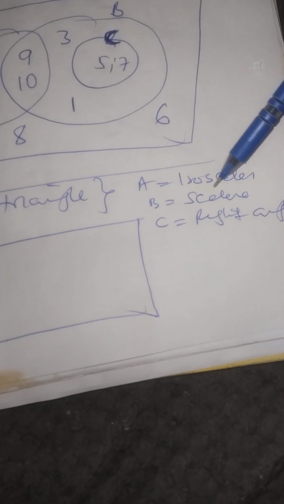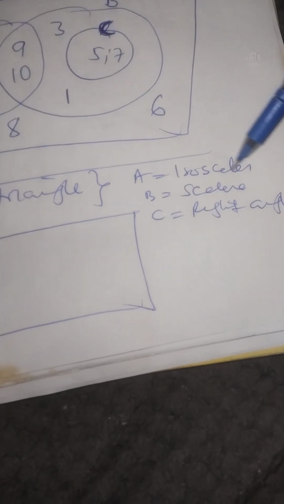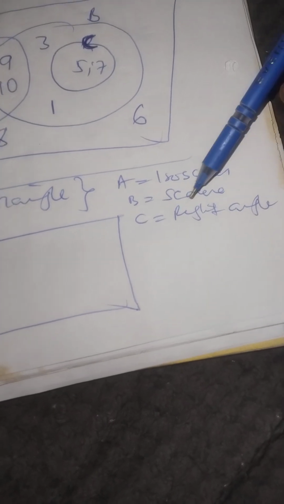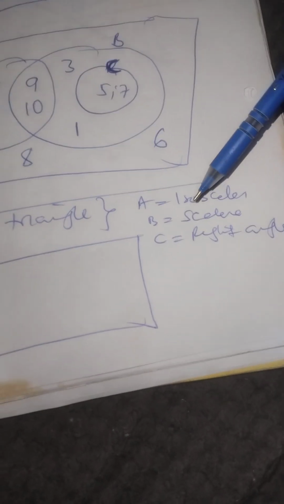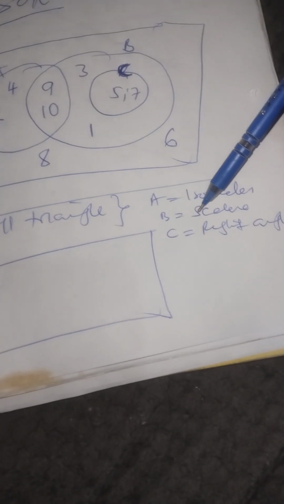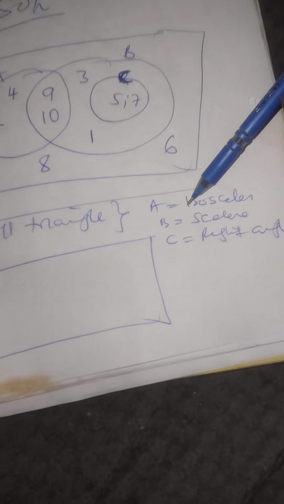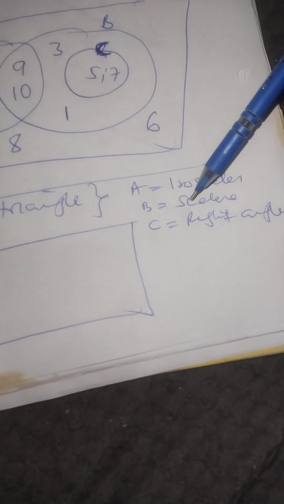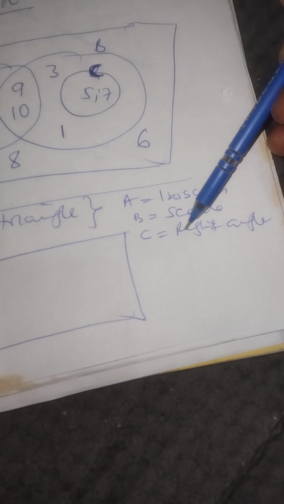Isosceles triangles, you have two equal sides. Scalene triangle, you have three different sides. Right angle triangle, you have one right angle. But do you know that isosceles triangles can be right angled? Scalene triangles can also be right angled.